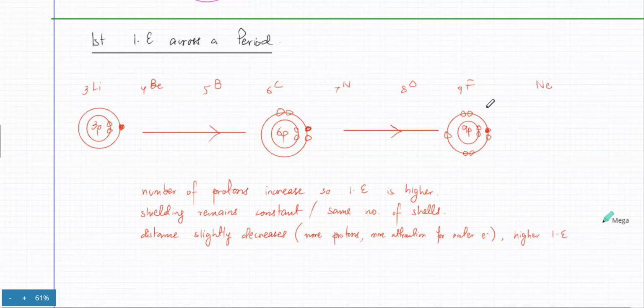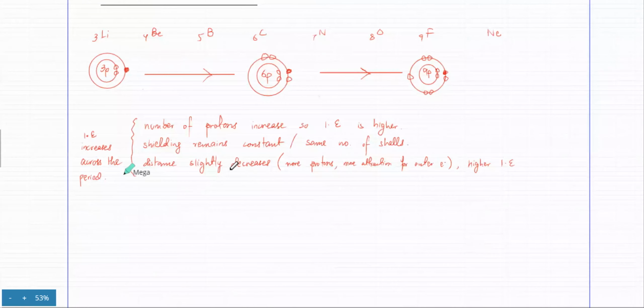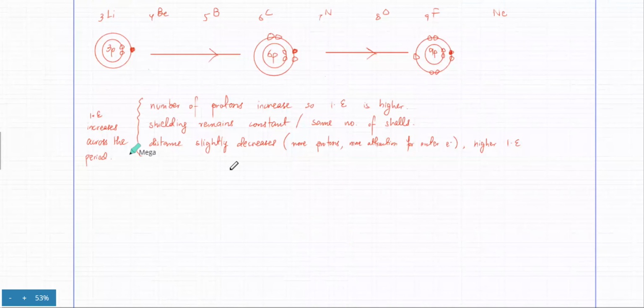It's going to be closer to the nucleus, so more difficult to remove electrons. So basically, all factors are suggesting that ionization energy increases across the period. Is this clear, Aman? Yeah. So all factors are suggesting that ionization energies are going to be higher if you move to the right.